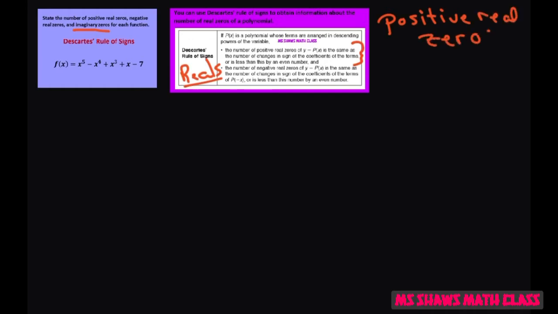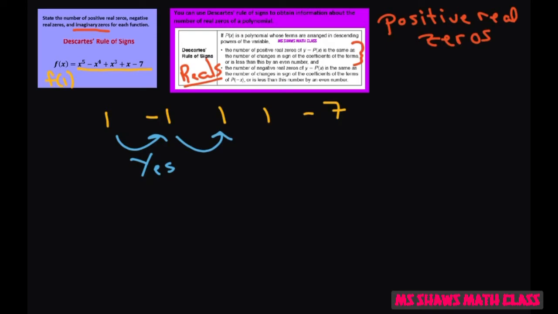And what you do is you could evaluate f of 1 and just write out all the coefficients. So if I plug in 1, you're going to get 1, negative 1, 1, 1, and so on. We have 5 terms. Okay, and you look at the sign changes. From 1 to negative 1, that's a sign change.